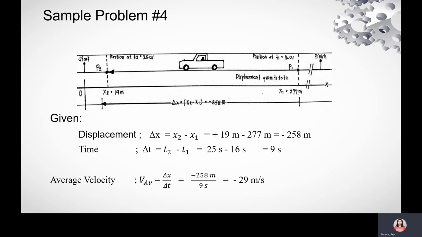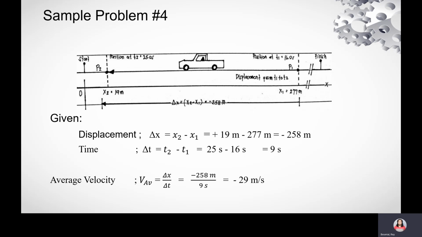Okay. So, our final position, di ba, is 19 minus 277. So, we have negative 258 meters of displacement. And for our delta t, our final time is 25 minus 16, we have 9 seconds.